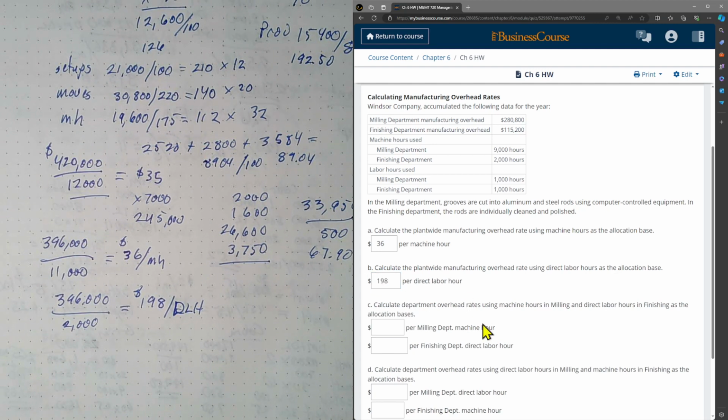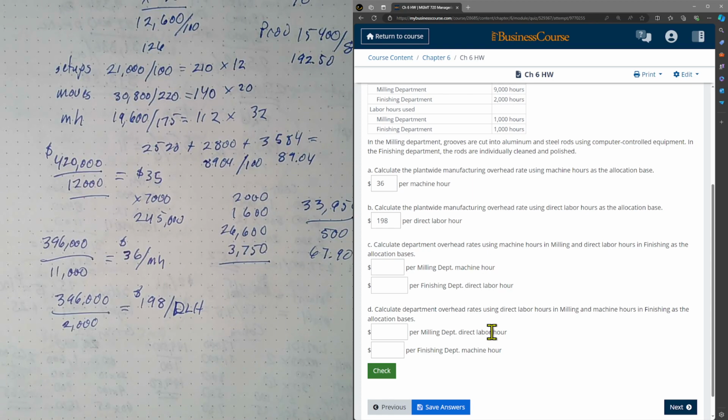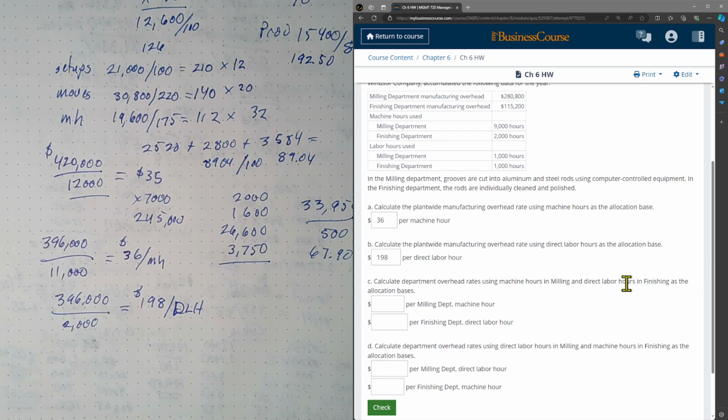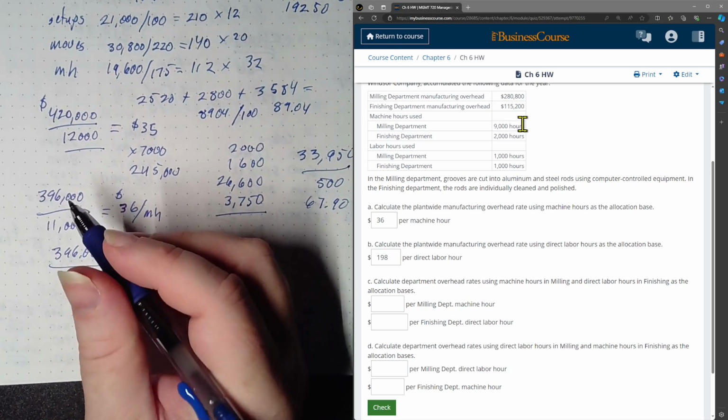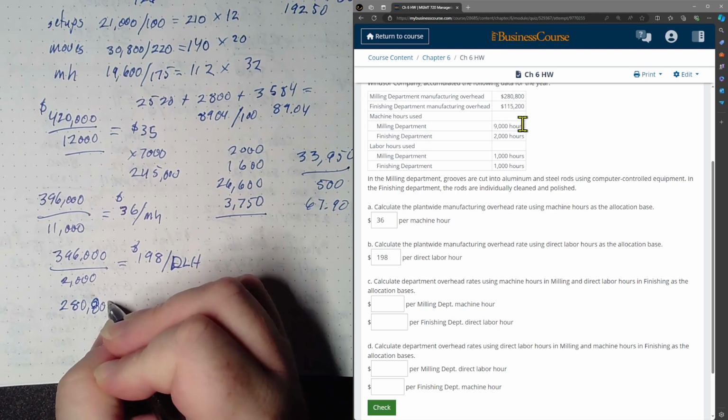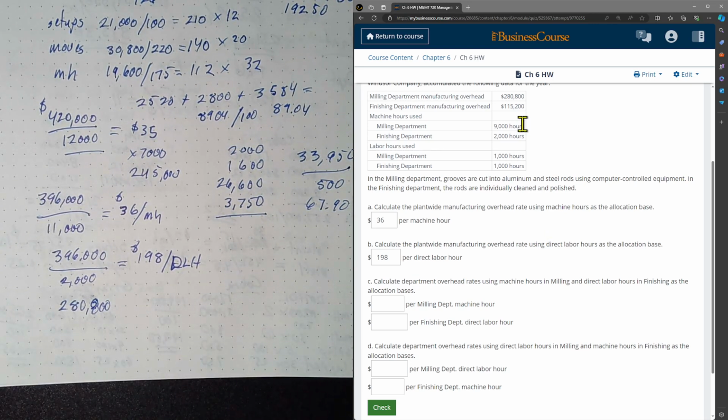Okay, calculate the department overhead rates using machine hours in milling and direct labor hours in finishing as the allocation basis. So here, I'm trying to keep all the information on the screen. What is the total amount in milling? We're going to have 280,800 in milling, and the first one says use machine hours for milling, and labor hours for finishing.